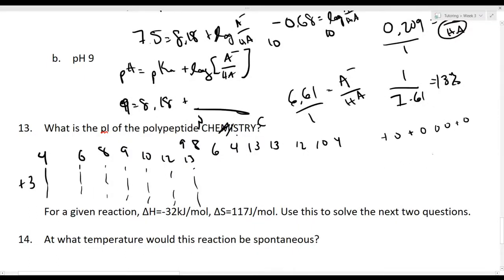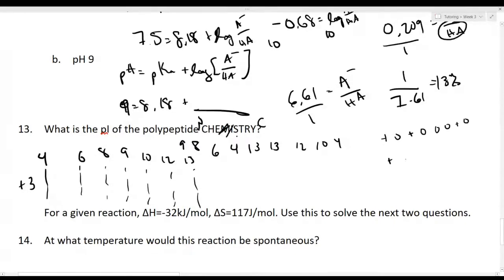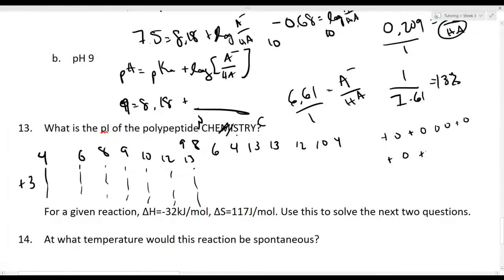Now between 4 and 6, the N-terminus is still going to be positive. Histidine still positive. Cysteine is still neutral, still protonated. Glutamate is finally going to be negative now. Serine, threonine, and arginine are the same.